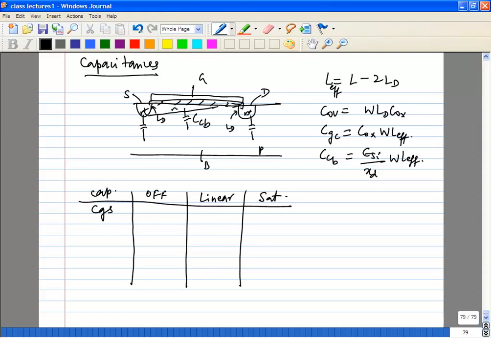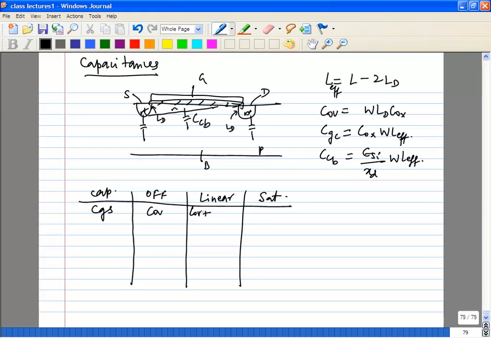Okay, so let's look at the different caps. What is CGS when it's off? It's just the overlap capacitance, so you only have C overlap. Similarly, in the linear region you have the full channel, so you have C overlap plus the capacitance between the gate and the channel, which is W L effective Cox.